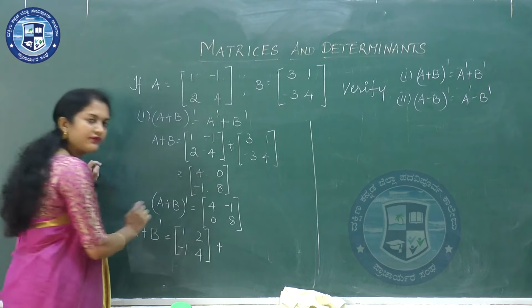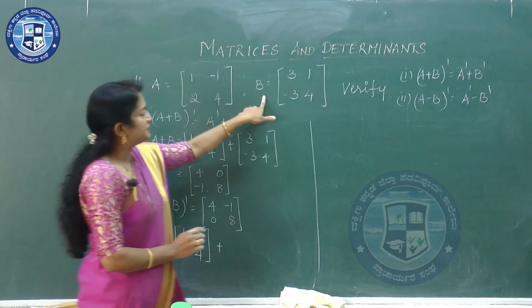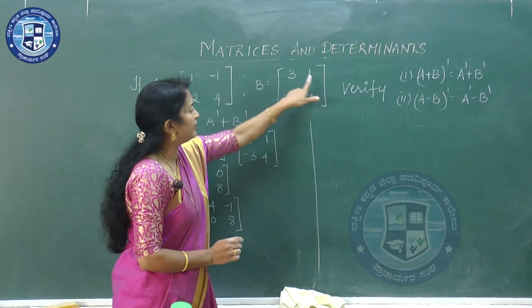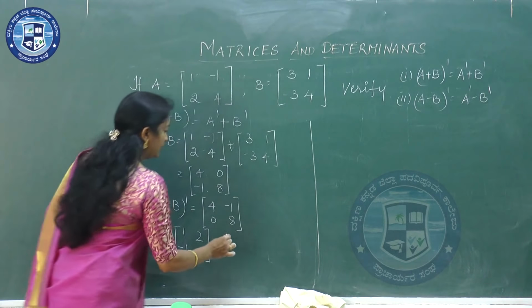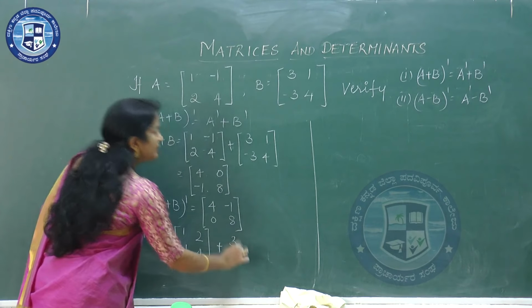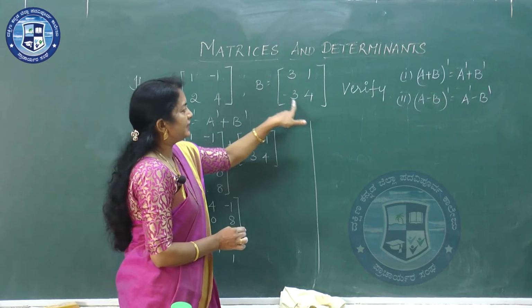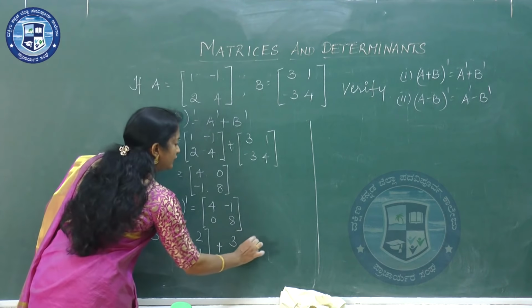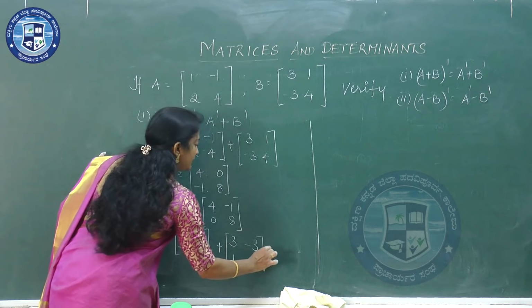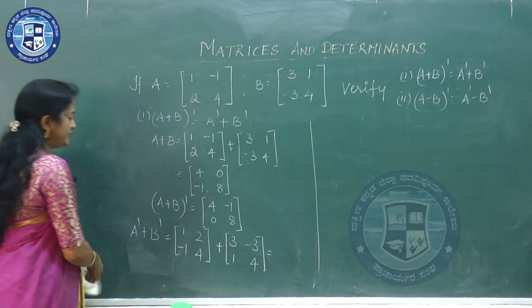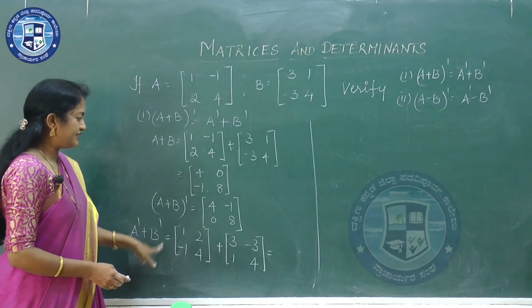This is A transpose. B transpose: B is [3, 1; -3, 4]. Its transpose is, first row will be first column, second row will become second column.